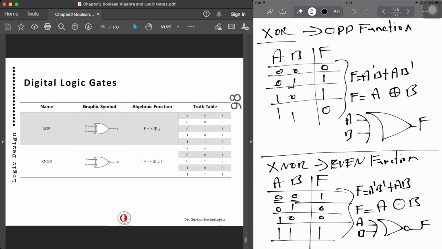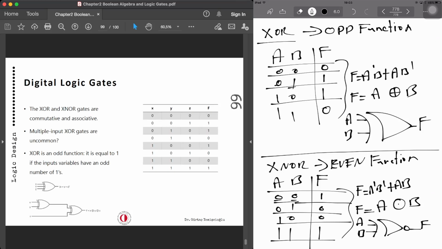You can find the truth tables over here as well, and their expressions. These are also important, which we are going to use a lot. Exclusive OR functions can also be implemented as 3-input ones. Again, if it is XOR, that means an odd number of ones gives 1. So there is one 1, so 1. 1, 1, so 1.